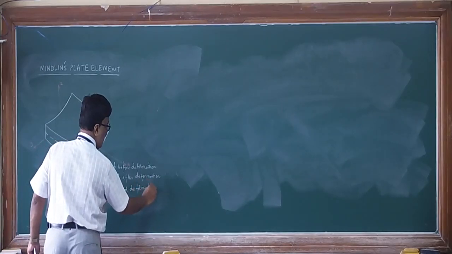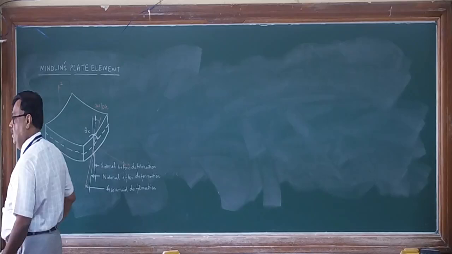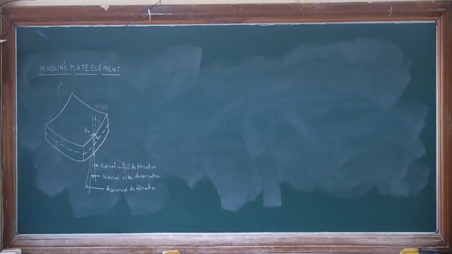See, now let us quickly find out the difference between the earlier plate element we have studied and this Mindlin plate theory. Of course, Mindlin theory is nothing but the extension of Timoshenko theory for the analysis of plates.